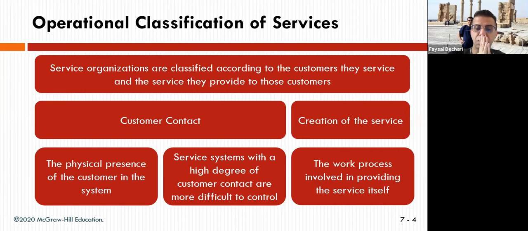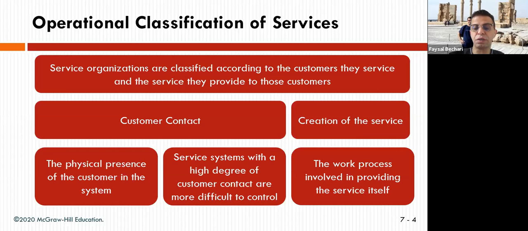A service system with a high degree of customer contact is usually more difficult to control, because if you have 20 people coming into your small store and requesting a service, it is different than when one person shows up.